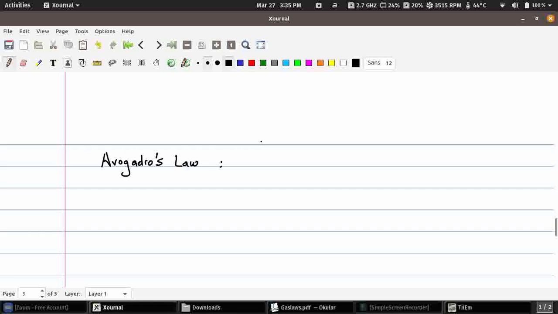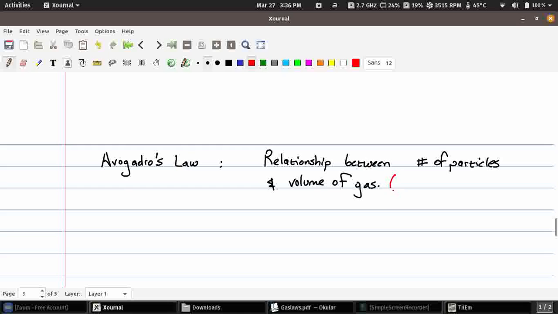Alright, so the next law we're going to go over is Avogadro's law. Avogadro's law is simply the relationship between number of particles and volume of gas. So they are directly proportional.